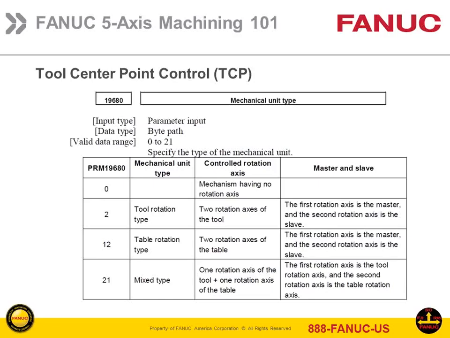And 21 would be a mixed type, where the tool is moving one way and the table is moving one way. Like I said, it's critical that you get this parameter set correctly, because funny things can happen if you have a mismatch with your actual machine.